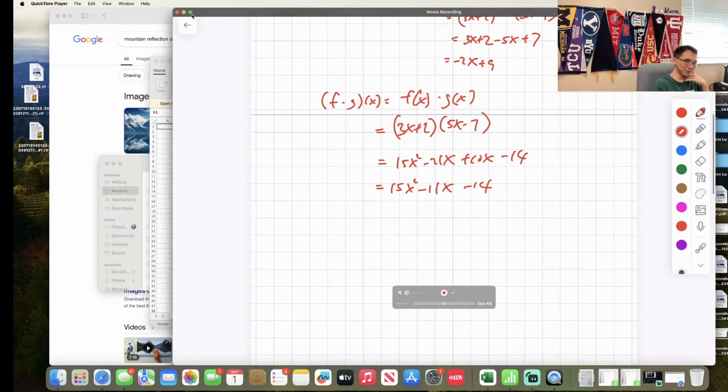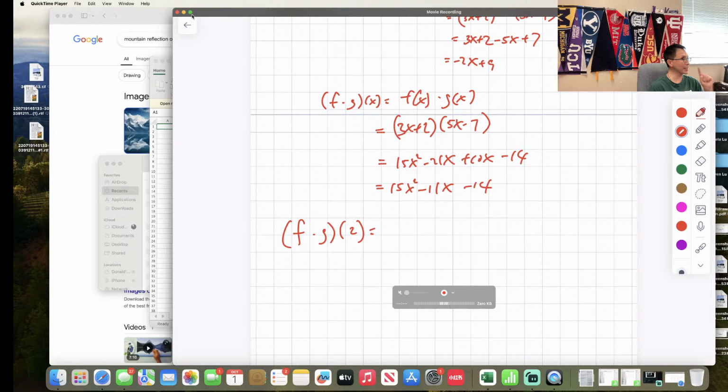So let me ask you, what does this mean? What does this mean? F dot g of 2. Plug in 2 into which equation? The answer of the equation. So does it matter? This is the thing. Assume that we plug in the 2 at the very beginning.